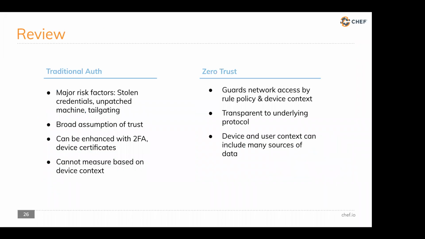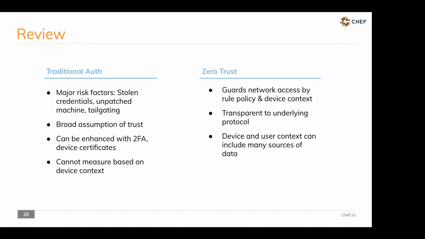All right, so a review of Zero Trust versus traditional auth. Number one, traditional auth. The major risk factors: we don't protect against the state of the machine, making it possible to introduce vulnerabilities to our network because of such a broad trust model. We can do two-factor authentication. We can do device certificates, but we cannot do any device context measurements.